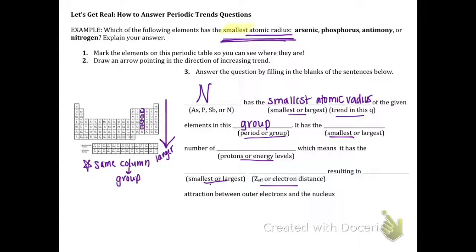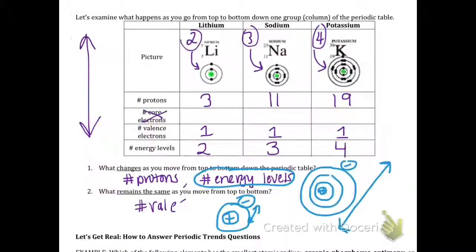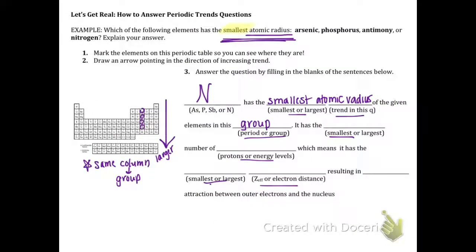Well, earlier we talked about when we're going up and down a column, like right here, the most important thing are your energy levels, right? So here we're going to say that nitrogen out of the 4 has the smallest number of energy levels. Right? So if we do a little side note here, nitrogen is in the second row, so it has 2.